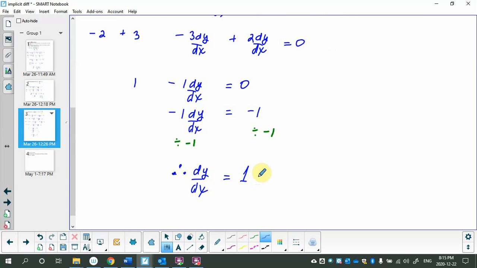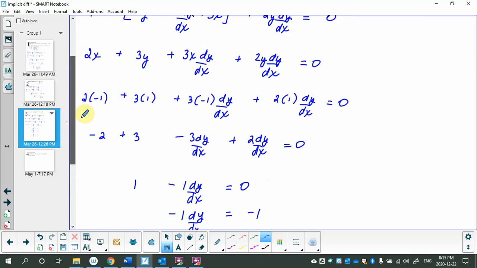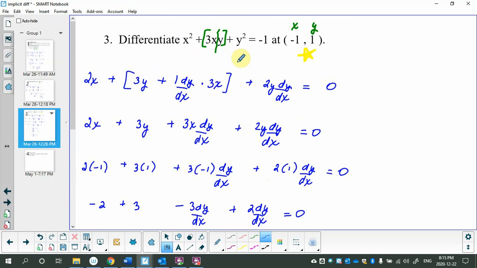That's what we found. However, I don't want to graph this, and I don't even want to imagine this by doing limits. I don't want to sub in x plus h for all the x's and do limits. It's practically impossible because you've also got y's. So there has to be another method, and this is it.